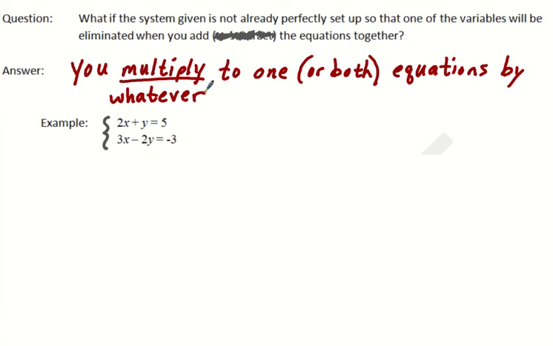Once again, this could probably be written a little better, like better choice of words. You multiply one or both equations by whatever it takes to create opposites.